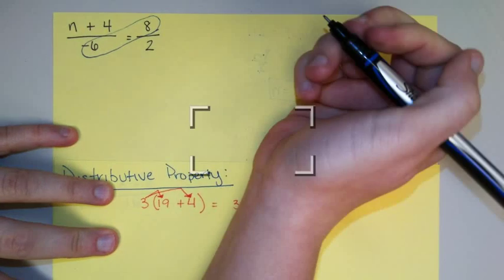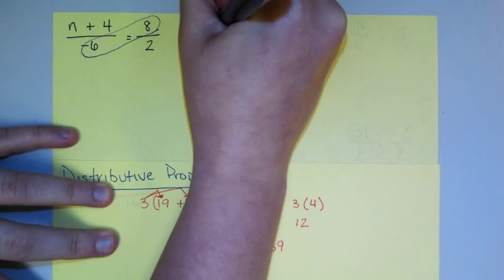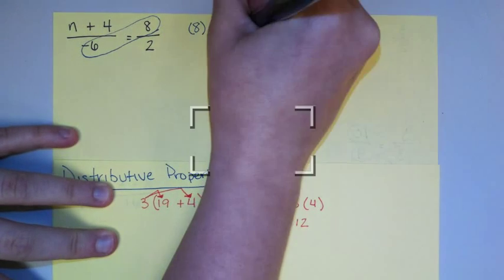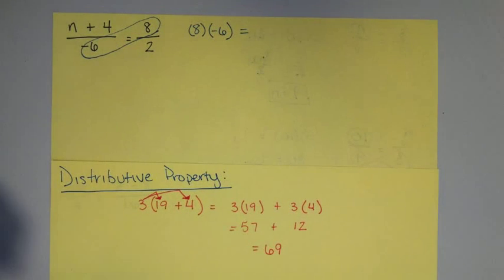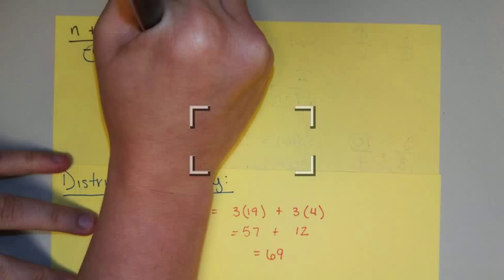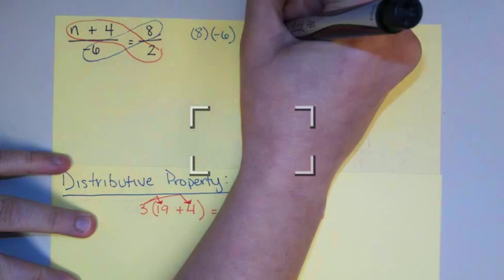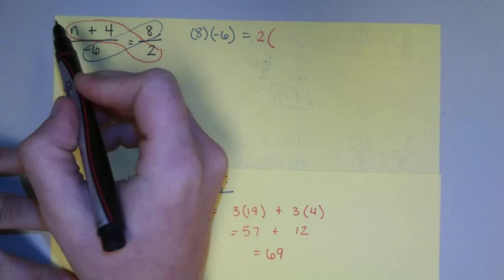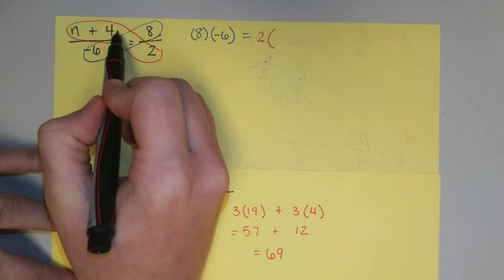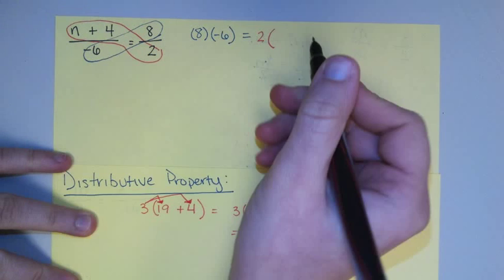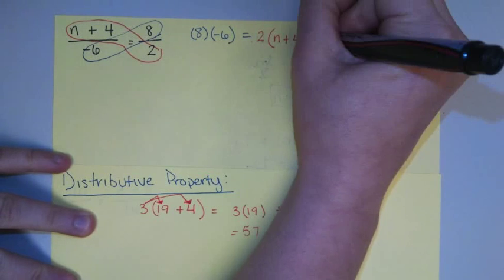So that's 8 times -6, which will equal 2 times, and I'm going to put all of this in my parenthesis. Can't separate each one of these, they're just going to go in my parenthesis together. And plus 4, close your parenthesis.